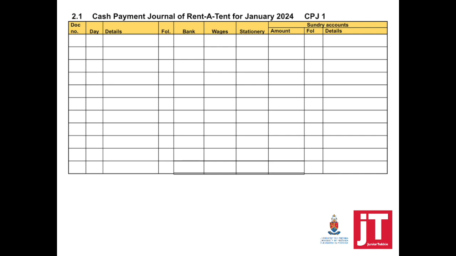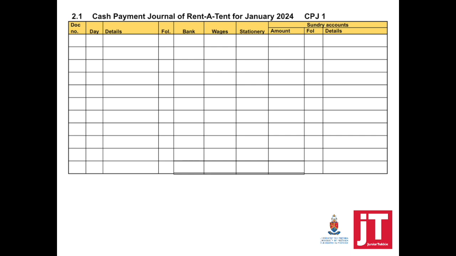If I go to the ATM and I draw cash, we can use the ATM slip that you get as proof, as evidence that money was withdrawn from the bank account. So these are my options when you look at the CPJ. Then we have the day on which the transaction took place. Details: who did we pay?